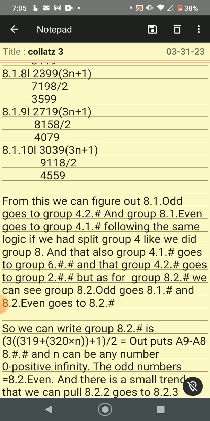Number. Following the same logic if we had split group 4 like we did group 8, group 4.1 number goes to group 6 number, and group 4.2 number goes to group 2 number.